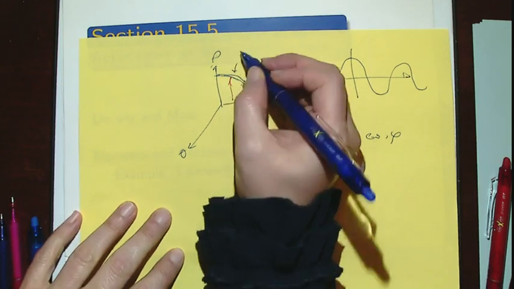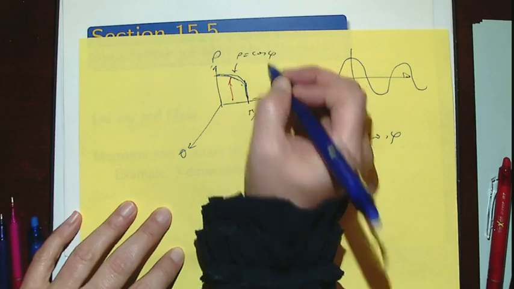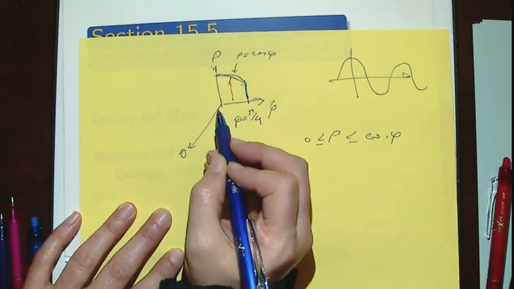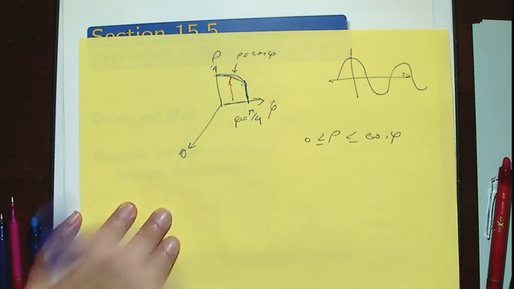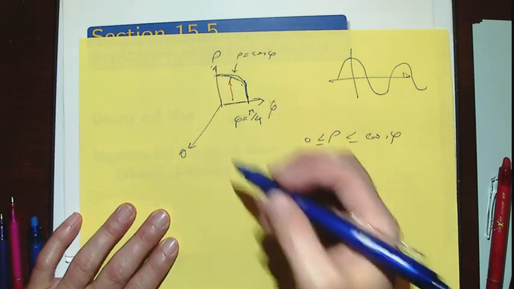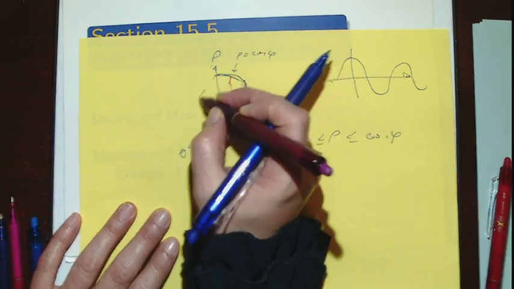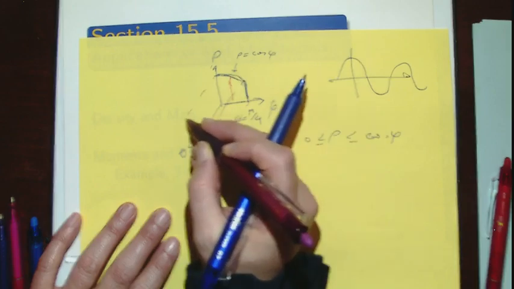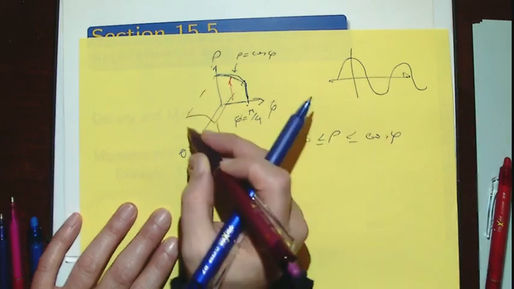This is rho equal to cosine of phi. That's phi equal to pi fourth, and phi equal to 0, and rho equal to 0. Fair game? By the way, if I had continued it out of here, it would look like a bread loaf.